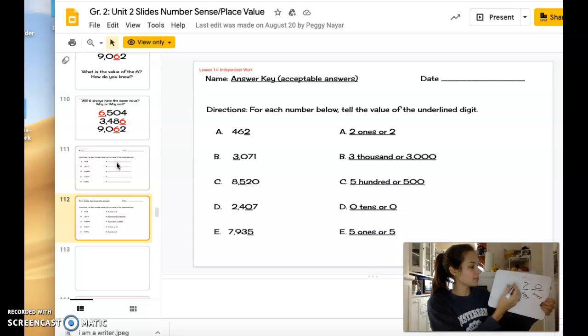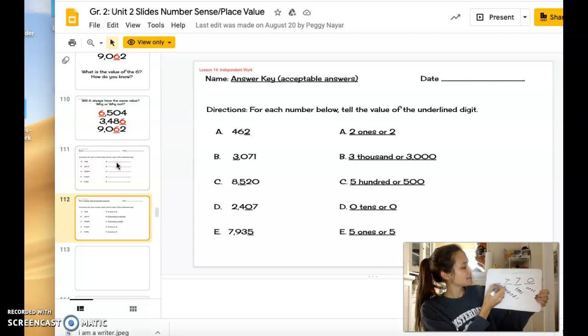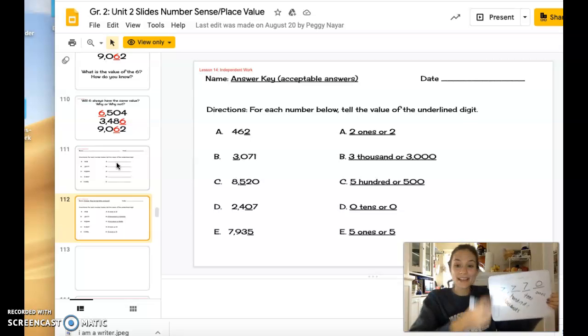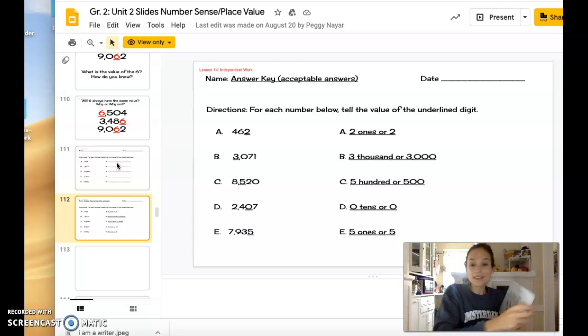If I have 7 in the hundreds place, this number doesn't just mean 7, it means 700. If I have 7 in the thousands place, that doesn't mean 7, that means 7,000. So these digits have different values if they're in different places for place value, okay?